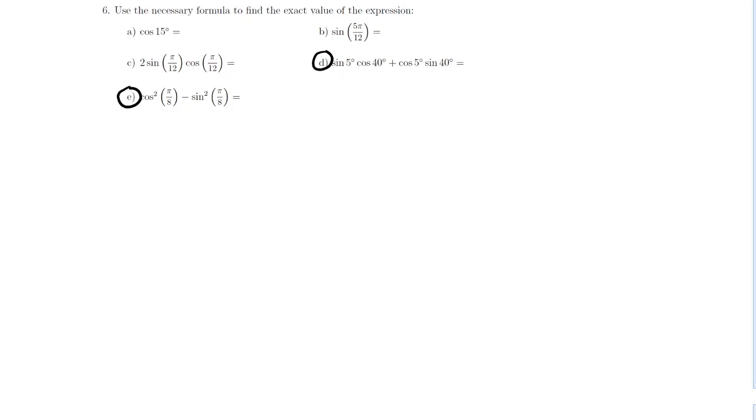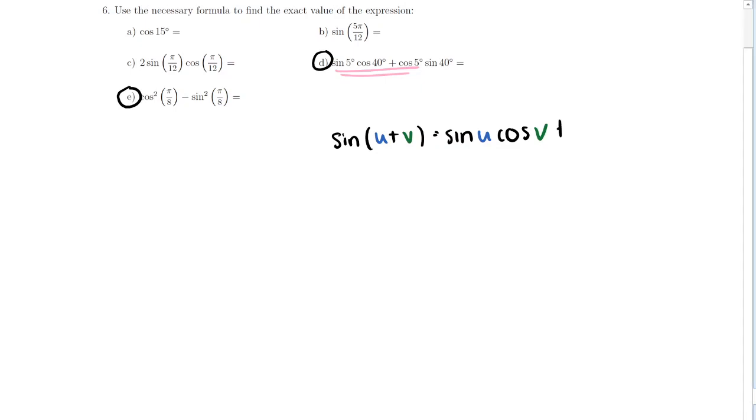So let's use identities now to figure out the values of d and e. Just like the previous problem, this expression looks like the result of an angle addition identity, but this time for sine. All right, so sine of u plus v is equal to sine of u times cosine of v, the second angle, plus cosine of the first angle times sine of the second angle.